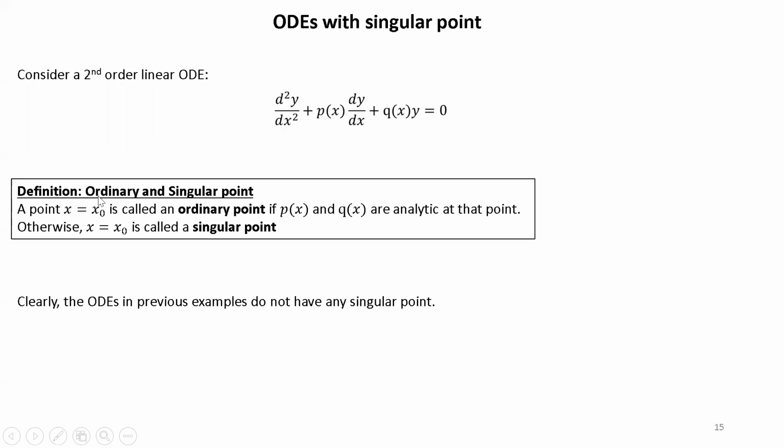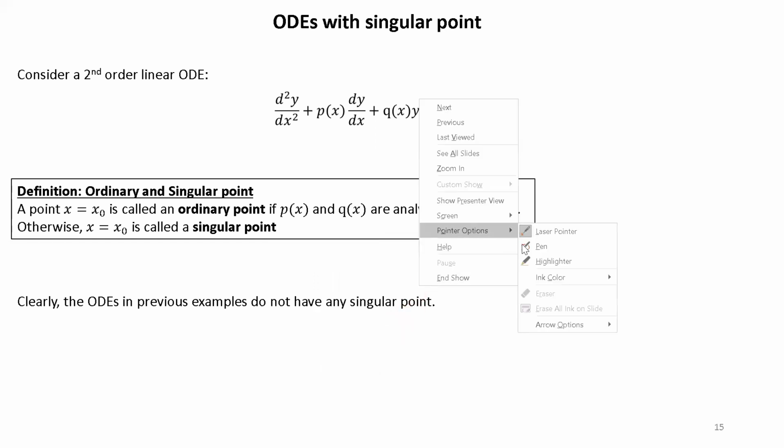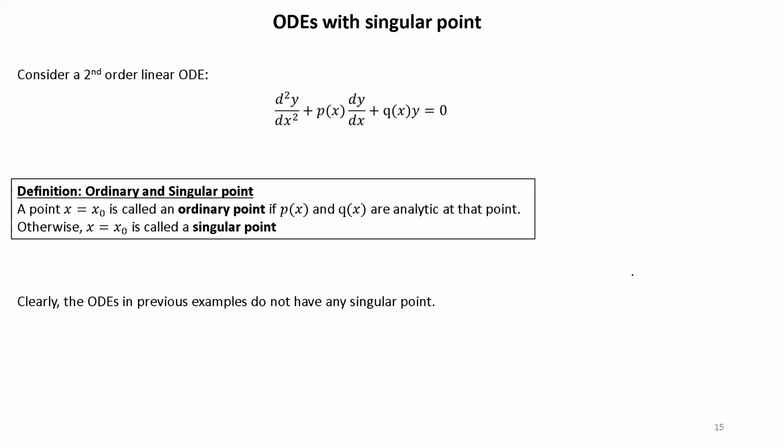So the definition of singular point, right? Is that if I have this p function, q function to be analytic at that point, right? Then that is known as an ordinary point. Okay. So otherwise, that would be a singular point. Okay. So in the example that I'll give you, you will see what I mean.